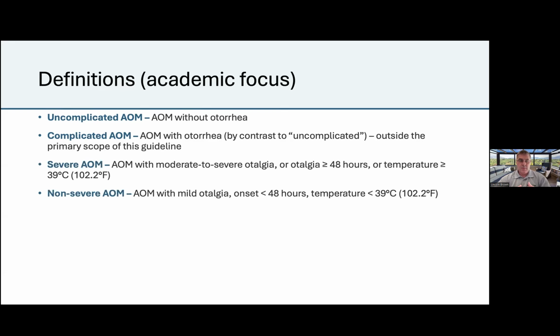In the uncomplicated category, they broke it down into severe and non-severe. Severe being moderate to severe pain, pain greater than 48 hours, or temperature over 39 degrees Celsius. Non-severe, again, being not severe. That will come back to become important when we really start talking about treatment.